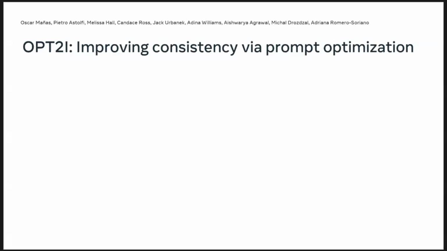And so what I'll be focusing on in the next few slides is how we can improve this prompt generation consistency and representation diversity given the current state-of-the-art models that we have.